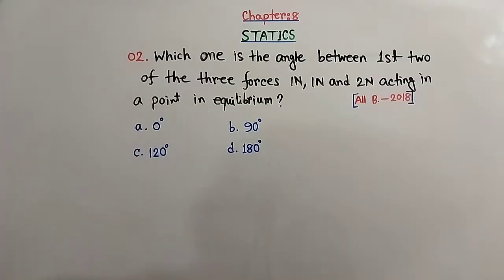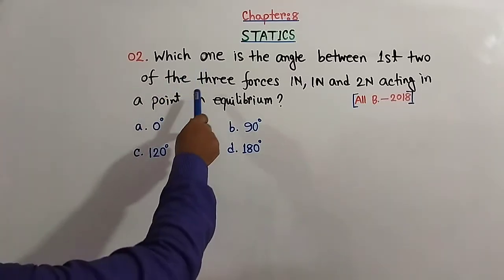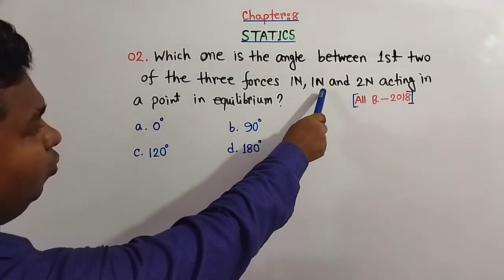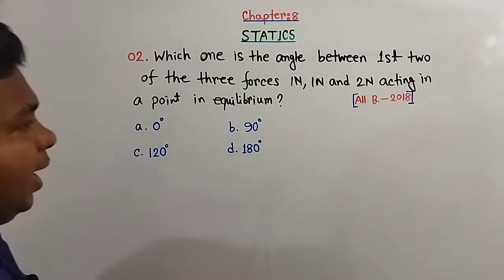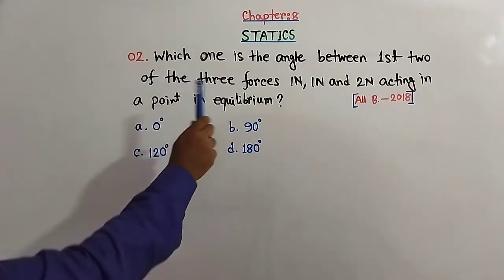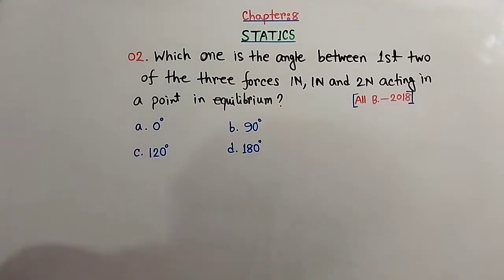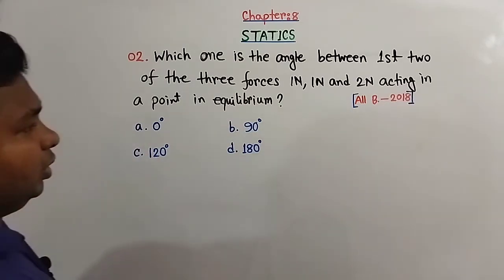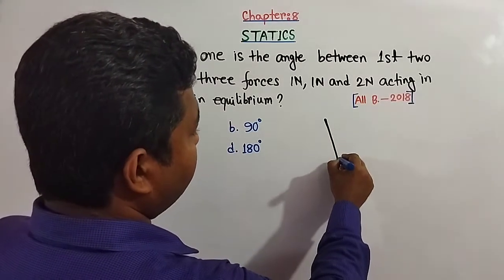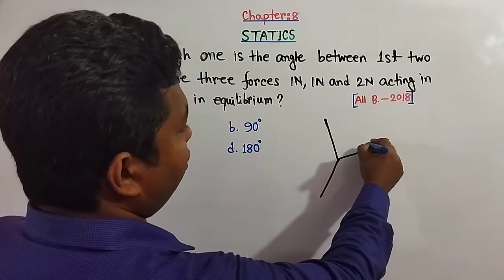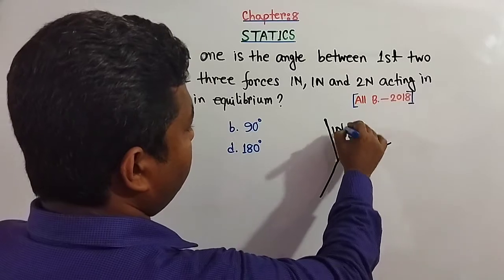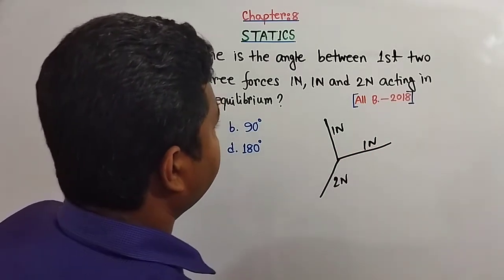Now, our second question: what is the angle between the first two of the three forces 1 Newton, 1 Newton and 2 Newton acting at a point in equilibrium? Now, three forces acting at a point. Let the figure be like this one. So, 1 Newton, 1 Newton and 2 Newton.